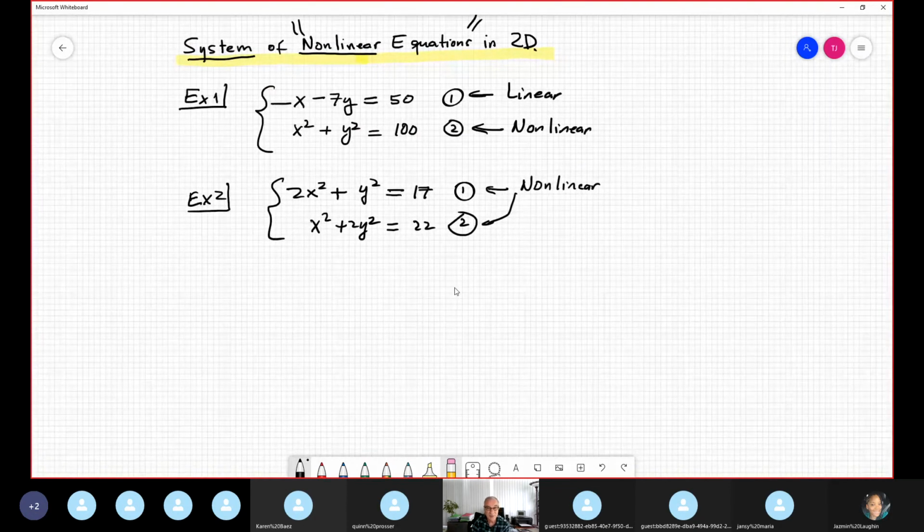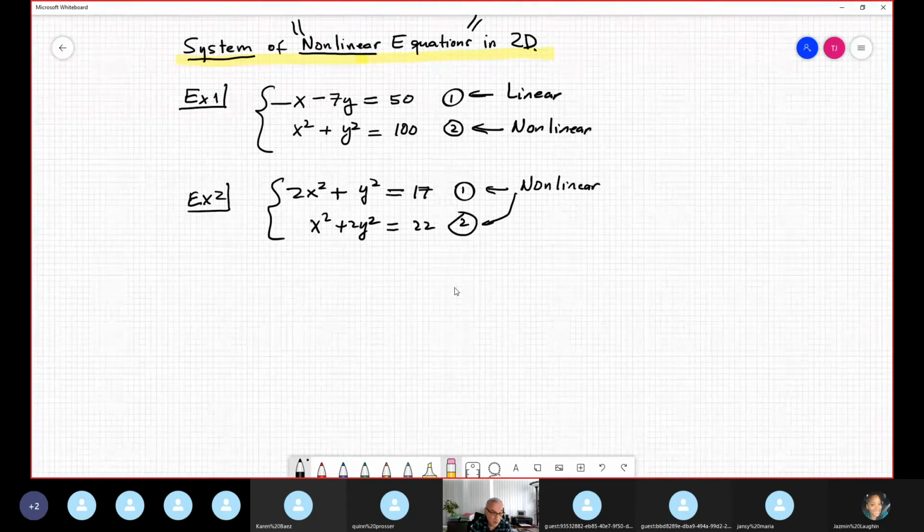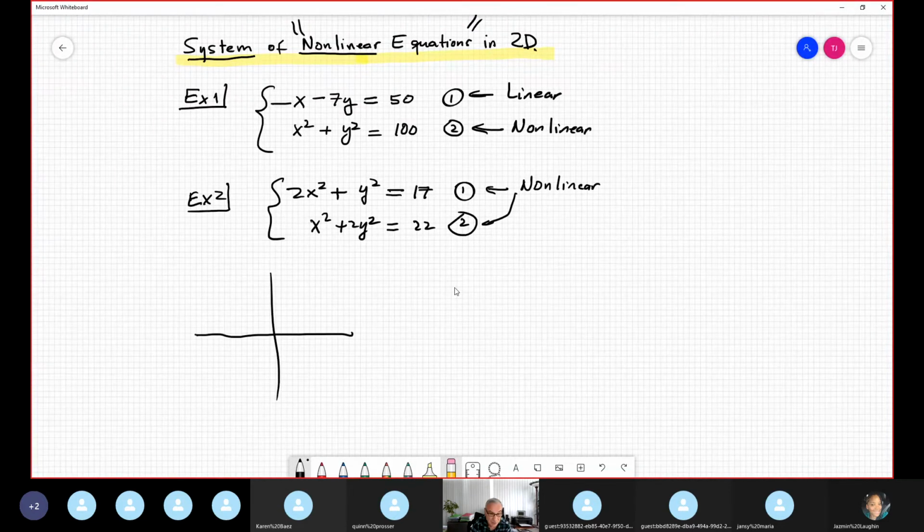Surprise. We have two problems in nonlinear. Number one problem, we have several situations. For example, suppose that one equation represents a circle, and another equation represents a line.